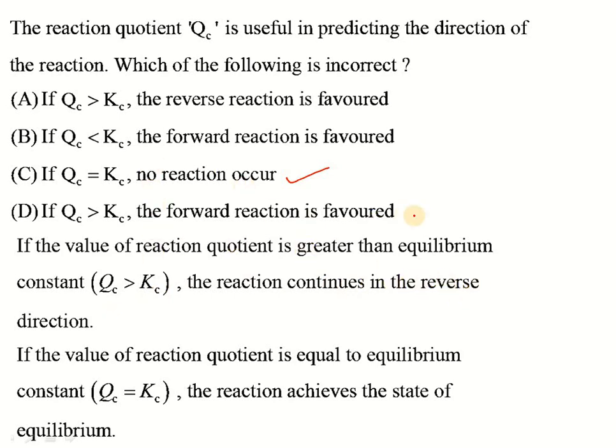But in the fourth option, they gave forward reaction is favorable. That is the incorrect statement. So if QC is equal to Kc, no reaction occurs. If the value of the reaction quotient is equal to the equilibrium constant, the reaction achieves the state of equilibrium. Okay. So it is useful in predicting the direction. Which of the following is incorrect?